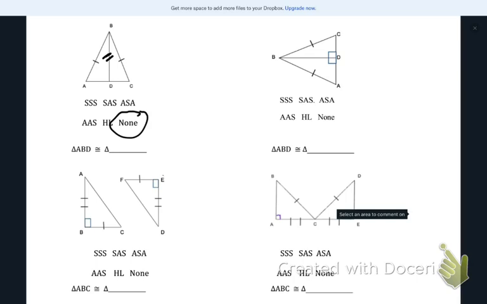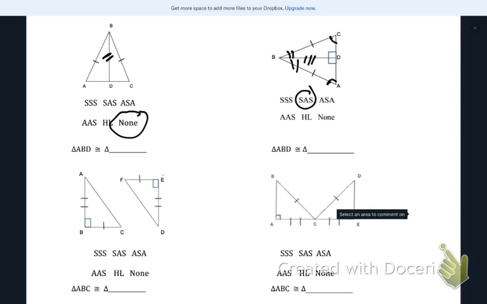Okay? This fourth one here is actually the same as the first one we did. It's just tilted sideways. Okay? So I'll just go over it very quickly again. These are 90s, isosceles, so the base angles will measure the same thing. You're going to have third angle going on here, and then you're going to have this one congruent to itself because of reflexive property. And with that being said, you have side angle side. You have angle side angle.